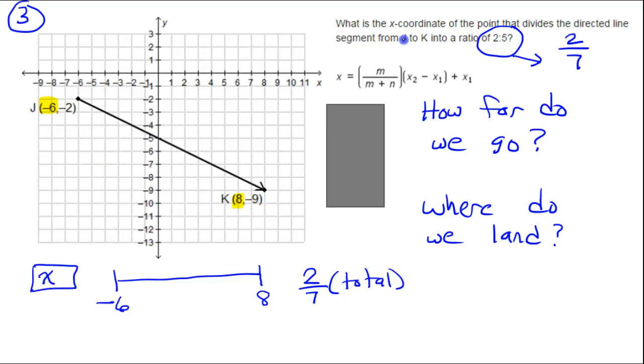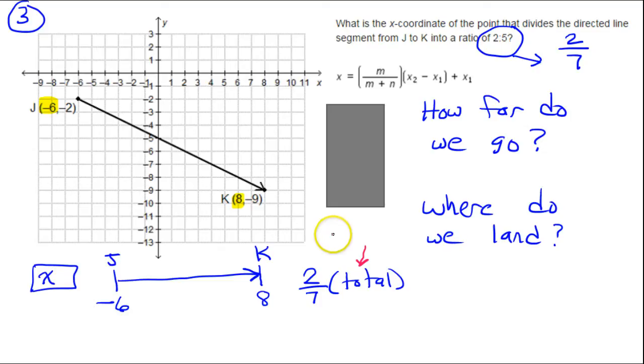Remember, I'm going from J to K, and this is J, and this is K. It's very important when I calculate my total distance that I have the correct sign: positive if I'm going to the right, negative if I'm going to the left. One way to guarantee that is to do the second one minus the first one.